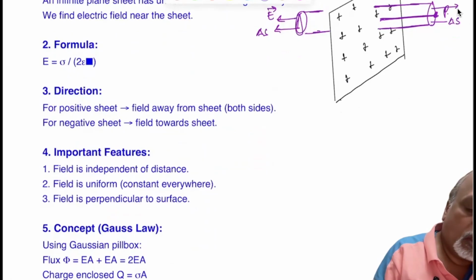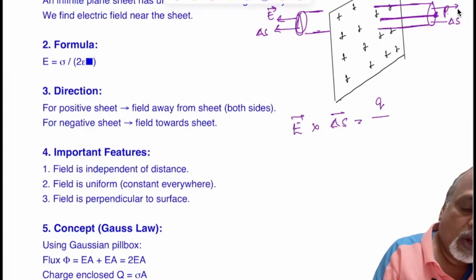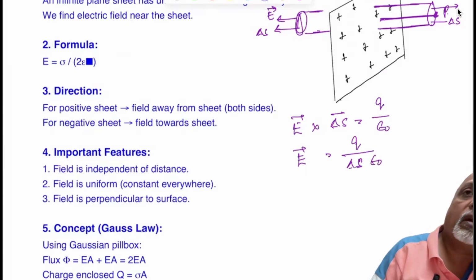So E into delta S is equal to Q upon epsilon 0, or E is nothing but Q upon delta S into epsilon 0.